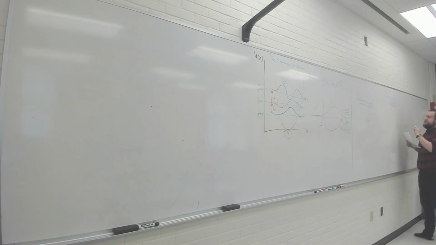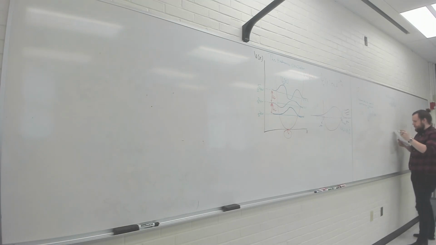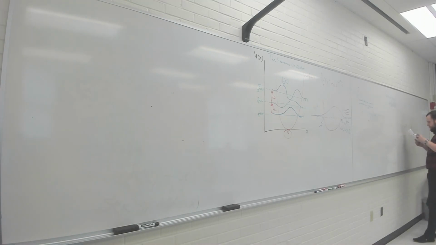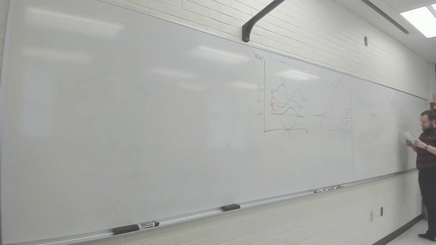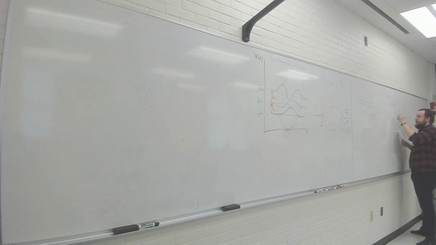So if xt is this, then xt is equal to plus or minus the square root of 2 times (nu plus 1/2), where nu is 0 in this case, h bar omega, divided by k.